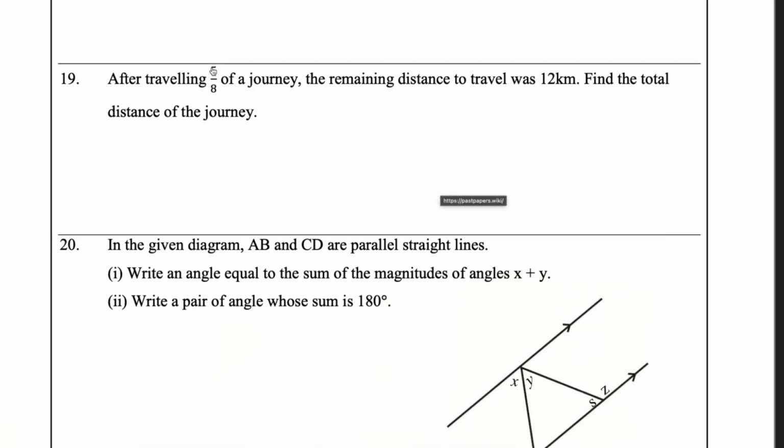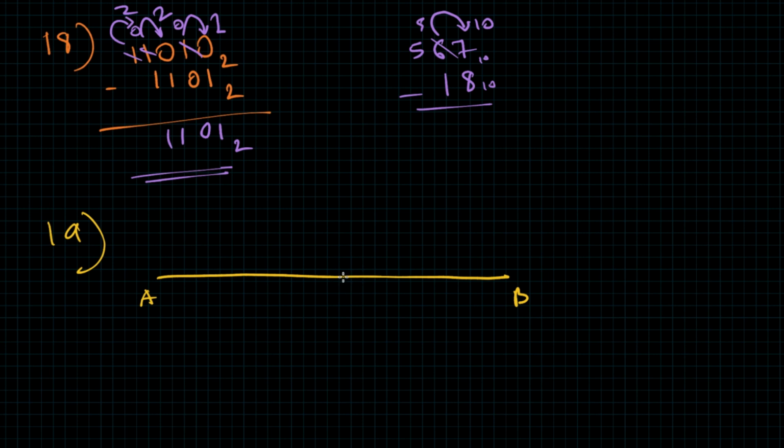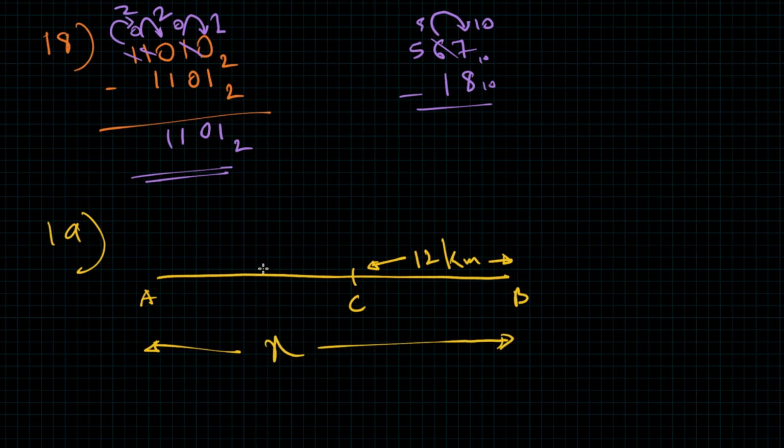A person travels 5 out of 8 portion of a journey, and once he does that, the remaining distance to travel is 12 kilometers. Let's say he reaches here, point C, and the remaining distance to reach B is 12 kilometers. Now let's say the entire distance is X, my favorite English letter in the alphabet.